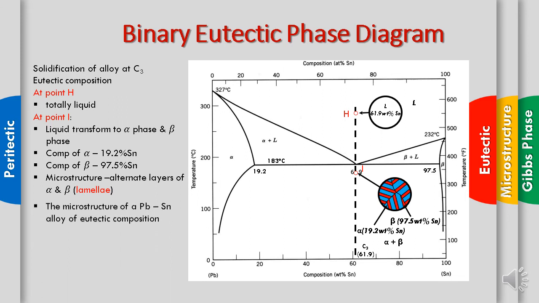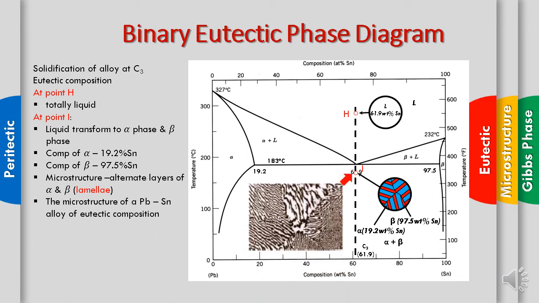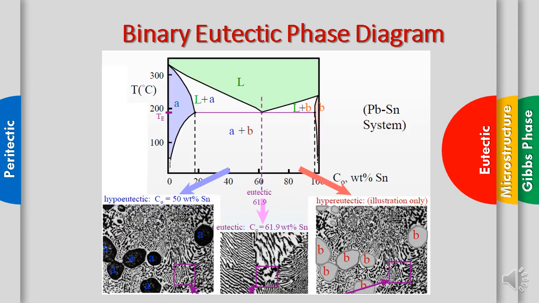If we look at the real image from a scanning electron microscope, it will produce something like this. There is no bigger primary alpha. The alpha phase is the darker layer, and the beta phase is the light layer.